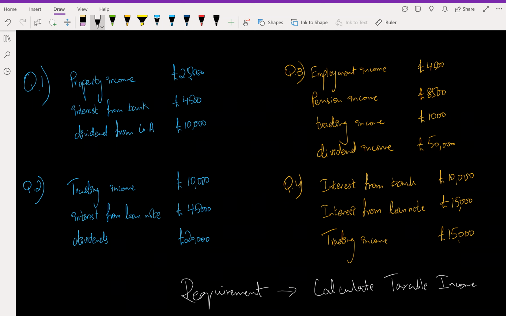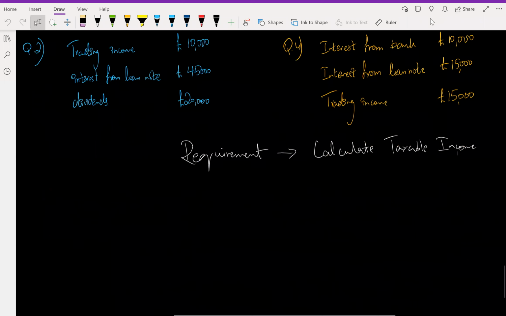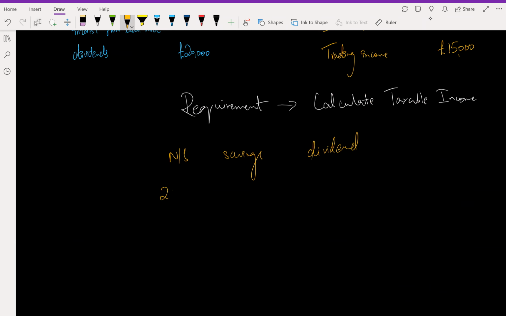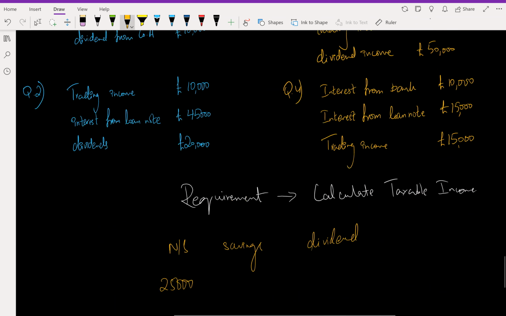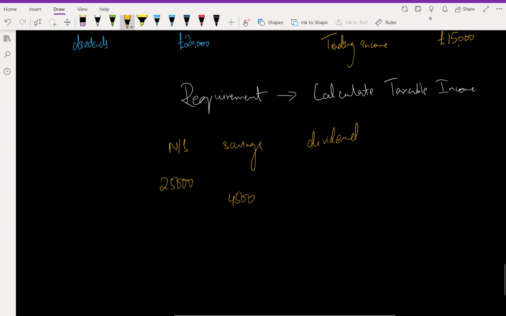Start trying these. Now, in the first case, question number 1, you've got property income 25,000. So non-savings, savings, and dividend. You've got 25,000 non-savings. You've got 4,500 savings and 10,000 dividend. So that's your total income.